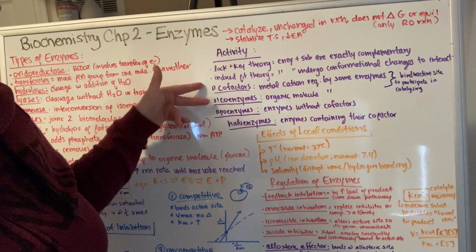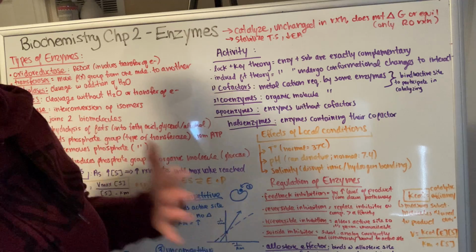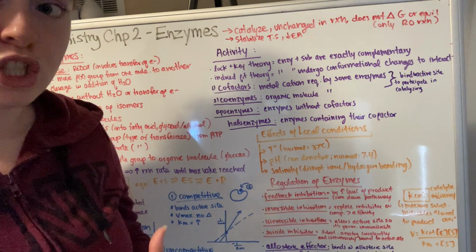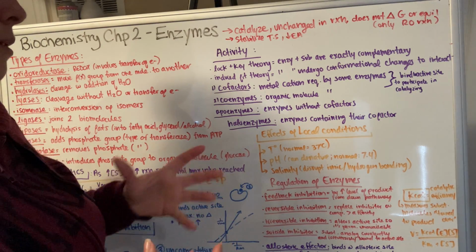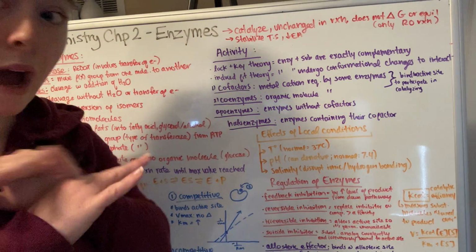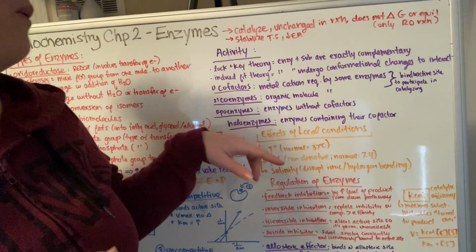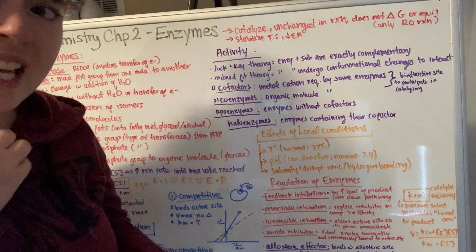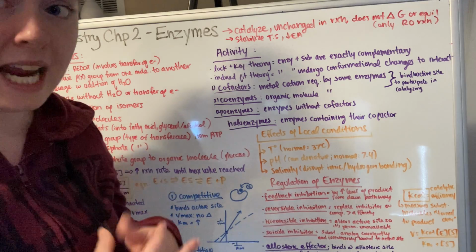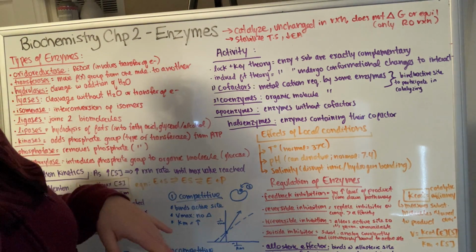And with these two, it's important to remember that they will bind to the active site so that they can participate in catalyzing, okay? Then you'll have apoenzymes, which are enzymes without cofactors. They don't need them. And then you have holoenzymes, which are enzymes that already contain their cofactor. So there's, again, some vocab to know.